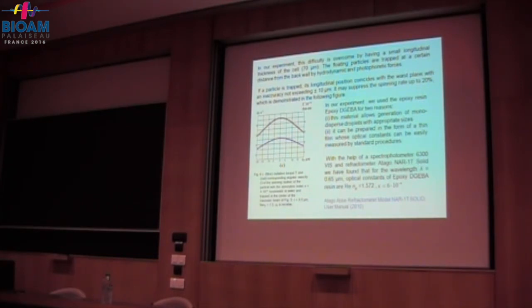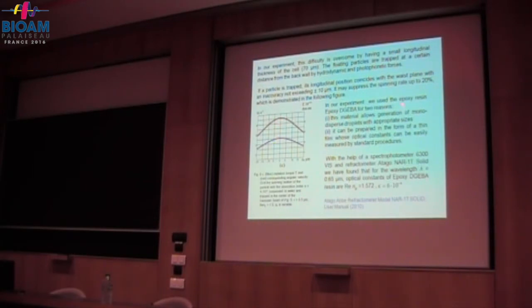The floating particles are trapped at a certain distance from the back wall by hydrodynamic and photophoretic forces. If a particle is trapped, its longitudinal position coincides with the waist plane with an inaccuracy that doesn't exceed plus minus 10 microns. It may suppress the spinning rate by up to 20%, which is demonstrated in the following figures.